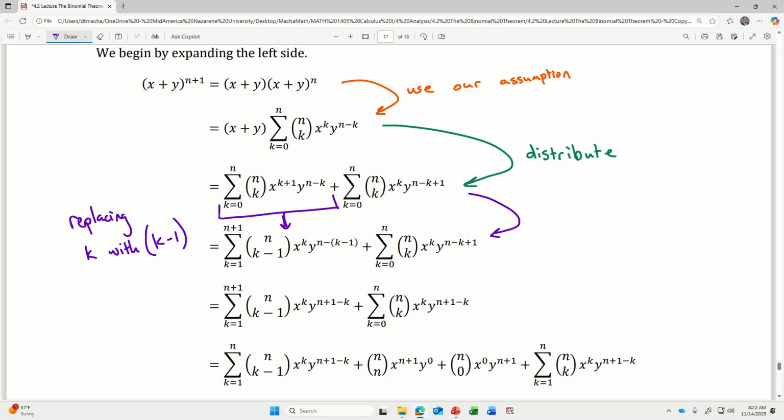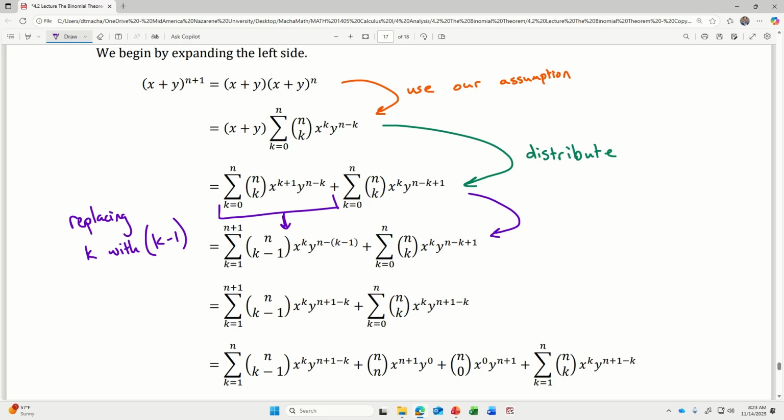I would still have x to the 1 power, and I would still have y to the n power. Because I replaced every instance of k with k minus 1. Like here there's a k, here there's a k minus 1. Here there's a k plus 1. Here there's just a k, because it's k minus 1 plus 1. And then here there's n minus k. I'm going to replace that with n minus k minus 1.